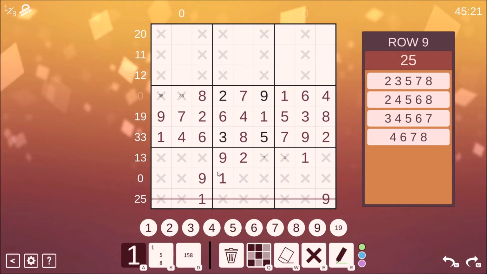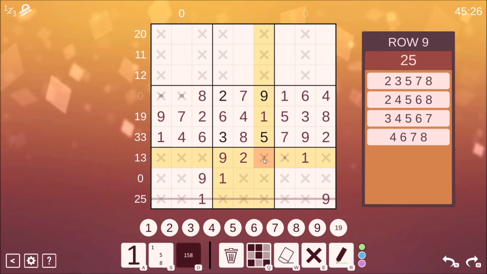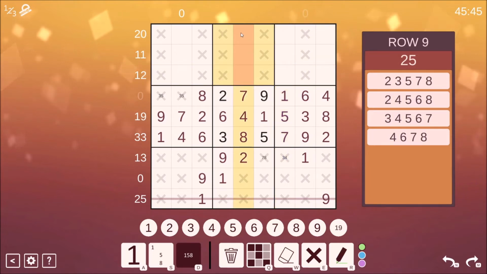And what else can we do now? Let's go ahead and fill in this 8 and 3 again, just so we don't forget those. I'm going to go ahead and fill in up top where we can have 1s and 9s, because I think that's where we need to go next.